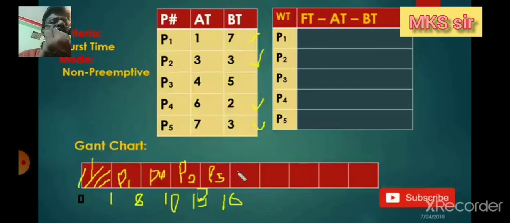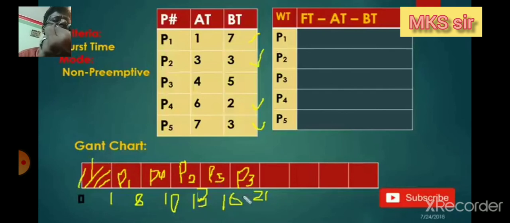Now only P3 remains. P3 requires a 5 millisecond burst time, so from 16 plus 5 means 21. After 21 milliseconds, all processes have completed their tasks. So the CPU has been allocated to all processes according to the SJF algorithm.